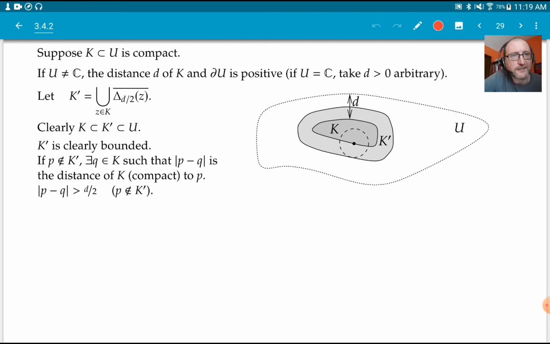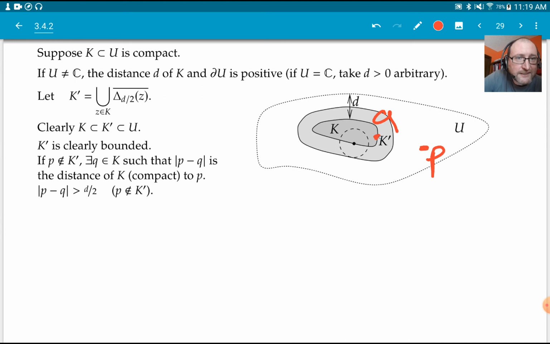Okay, now it's going to erase all my drawings, so I have to redraw this, just unfortunate way this works. But I have this, sorry, that was P. Q was the one over here. Now, this distance is definitely bigger than d over 2, because it's outside.